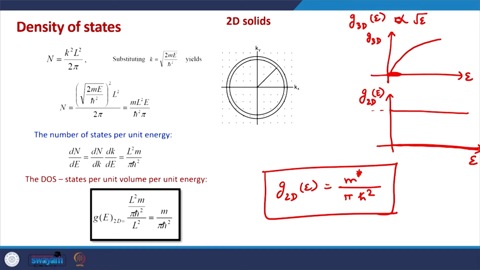So, if we make our channel 2D, the density of state changes and it will change the conduction in a major way. So, this is why understanding density of states is quite important.